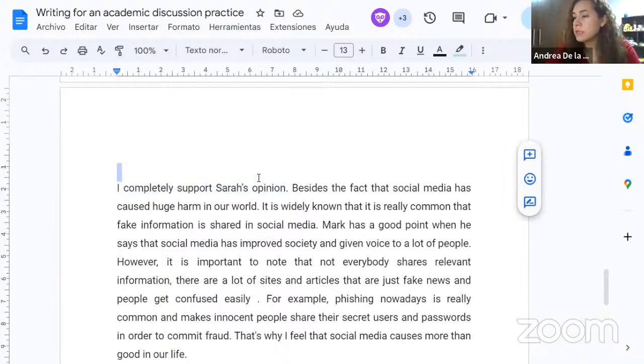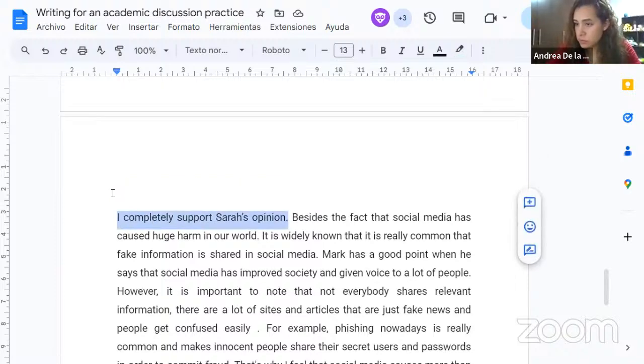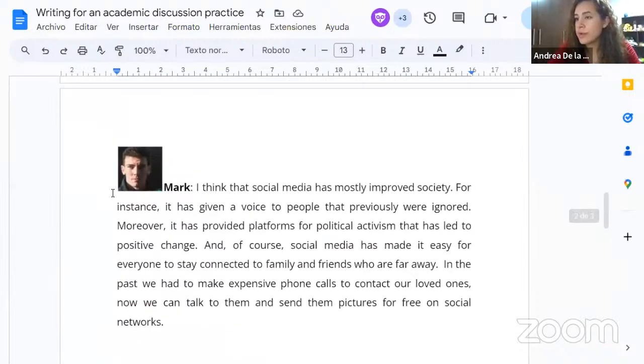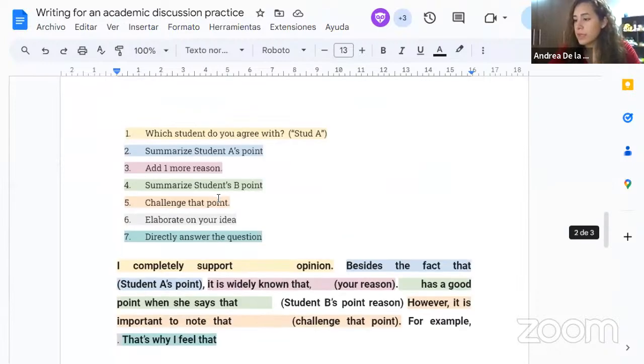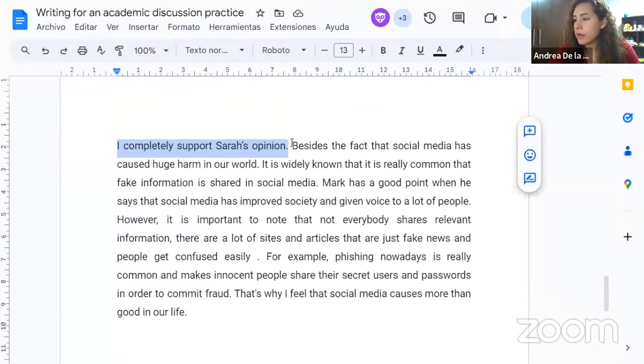She says, I completely support Sarah's opinion. Great. Sarah, if I remember correctly, says that social media has caused more harm than good, right? So she says that it has more disadvantages than advantages. Now, she needs to summarize Sarah's main reason. So she says, besides the fact that social media has caused huge harm.